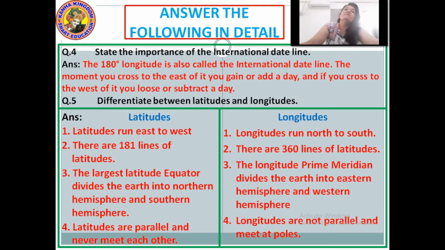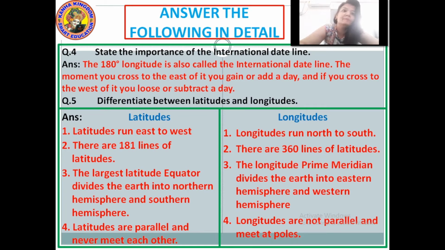Question number 4. State the importance of the international date line. Here in this question you have to give the importance of the international date line. The answer to this is: the 180° longitude is also called the international date line.